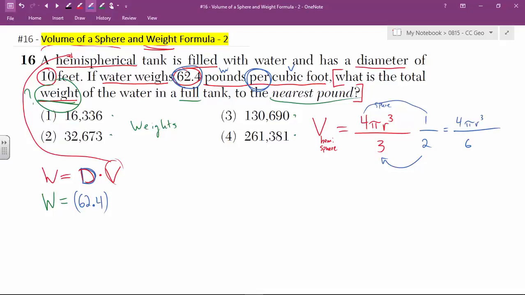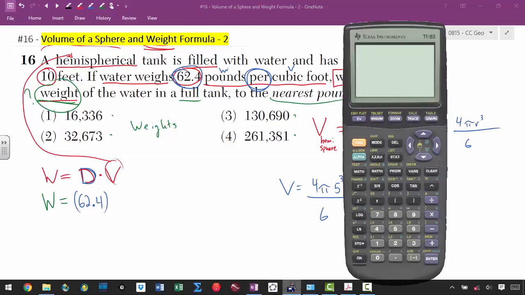And in this problem, if we reread it again, or I look for my keywords, underline things, they tell me the diameter. They tell me diameter equals 10. Therefore, I know my radius is 1/2 of my diameter. My radius is 5. So when I go to do this volume calculation, it's really going to be 4/6 pi, and then my radius is 5, 5 cubed.